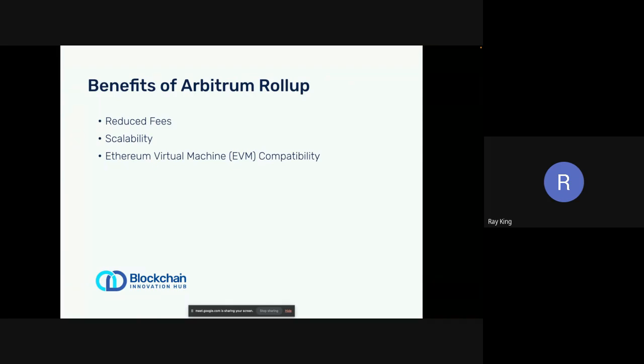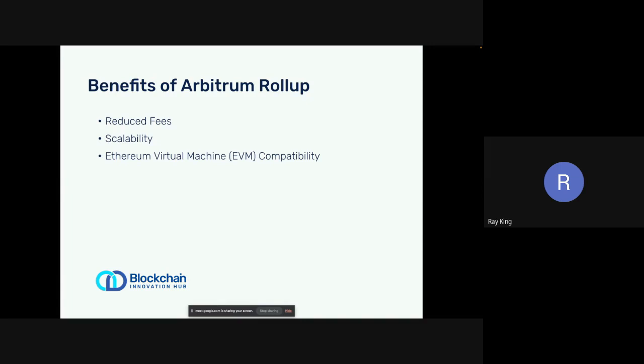Now, benefits of Arbitrum rollup: we have reduced fees, scalability, and then Ethereum Virtual Machine compatibility. Arbitrum offers, I believe by now we understand how Arbitrum reduces transaction fees, and we also understand how it stands as a scalable solution.